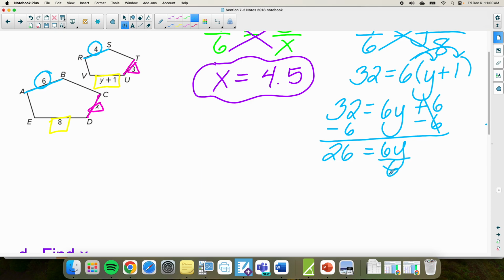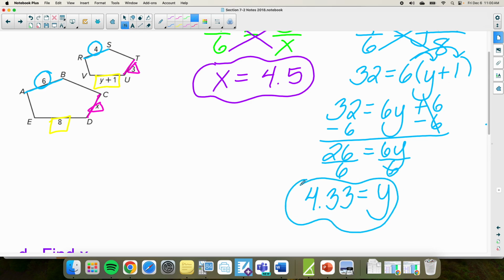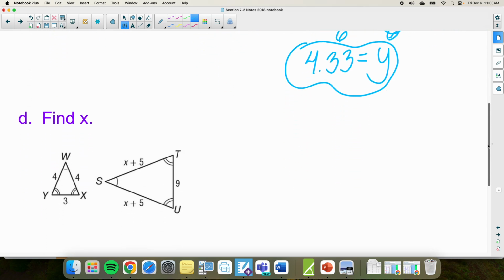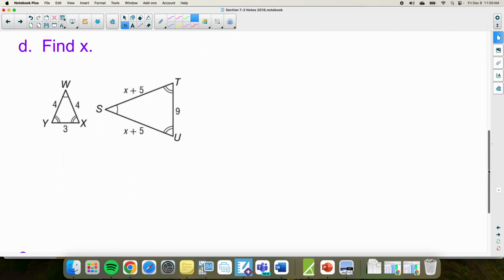Divide by 6, and y would equal, if you take 26 divided by 6, that would be 4 1/3, I believe. Yeah. 4.33. Okay, and that would be your answer. Right? So again, if you get a really ugly decimal, I'd probably redo it and make sure you're doing it correctly. Now, when we go to this one, we're doing the same thing.